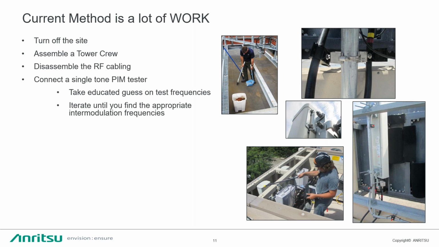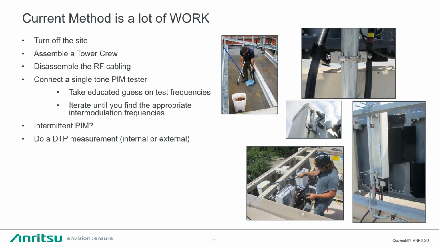You connect your PIM tester, where sometimes you can take an educated guess on the test frequencies, and sometimes you have to iterate to find the appropriate IM products. If the PIM is intermittent, you have to arrange everything together for when the PIM happens, so that you can do the analysis at the exact time or time of day that the PIM actually occurs.